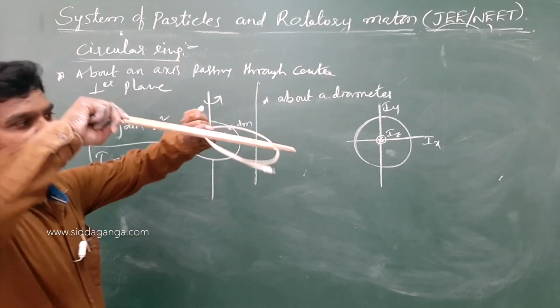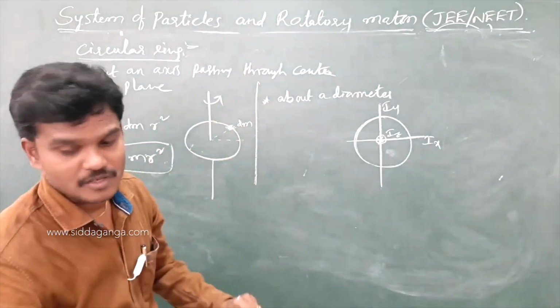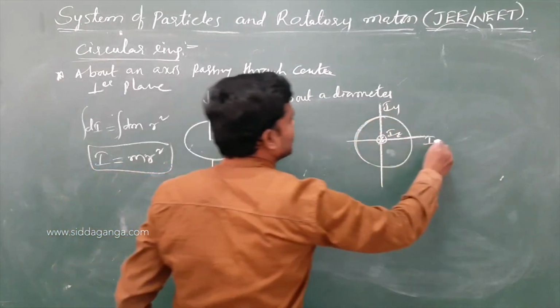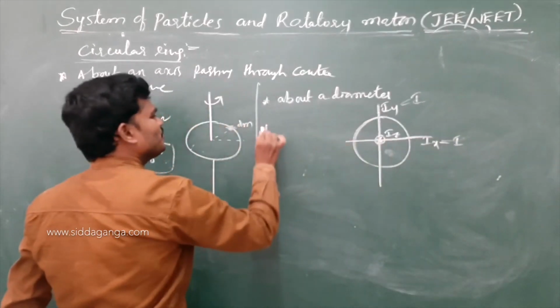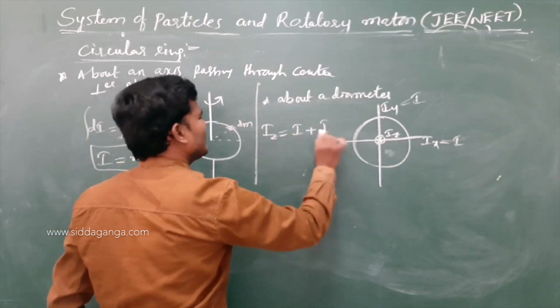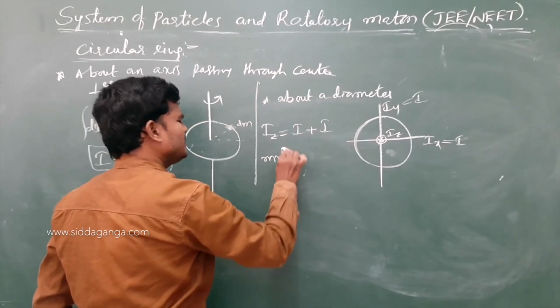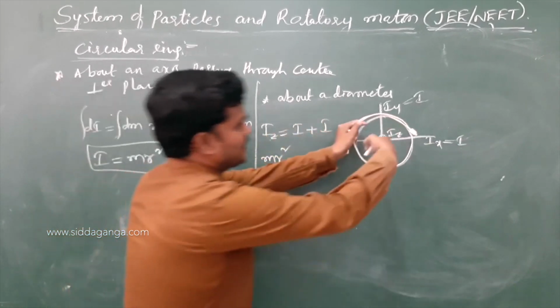Ix is the diametrical line, Iy is the diametrical line. So due to symmetry, these two are the same. Let us suppose this is I, this is I. Target is this only. From the perpendicular axis theorem, Ix plus Iy, I plus I, equals Iz, the first formula, perpendicular to the plane.